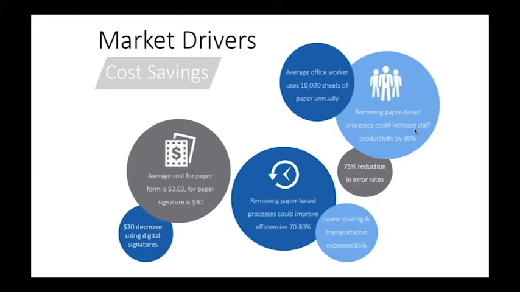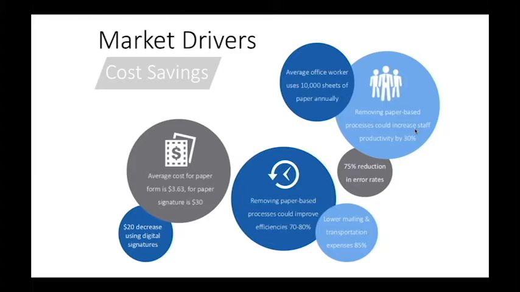If you're looking at a return on investment by switching to digital signatures, here are some stats for you. Recent industry success stories, some of which we'll talk about in the later part of the presentation, cite millions of dollars being saved in administrative paper-related processes, a 75% reduction in error rates, an 85% reduction in shipping costs, and 80 to 90% adoption rates.